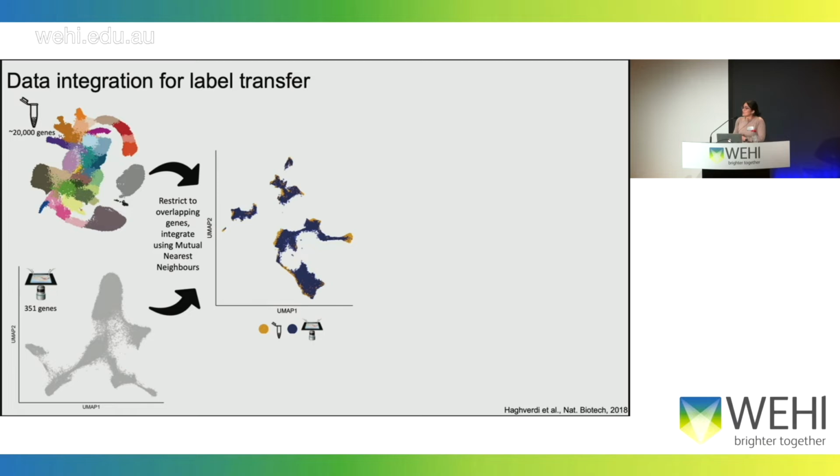The key thing we needed to do for this was to restrict to the overlapping genes. What we can see in this joint UMAP is that we have quite nice overlap between the two data sets, and we would hope so because they come from the same types of tissues.